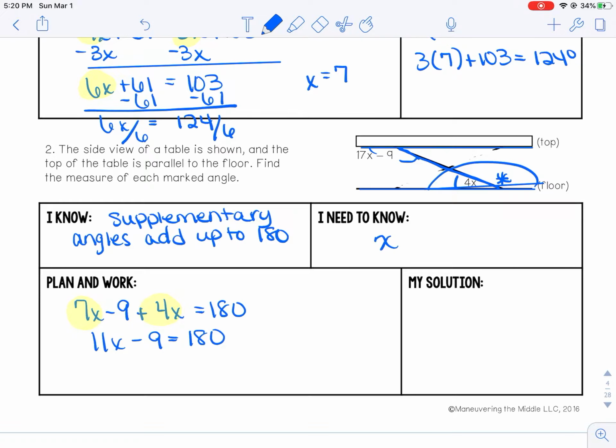Two-step equation, get that 11x by itself by adding 9 to each side. 11x is equal to 189. Okay, and divide each side by 11. Let's see, 189 divided by 11.